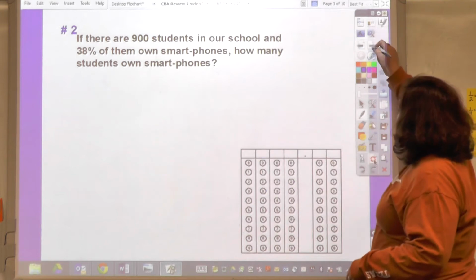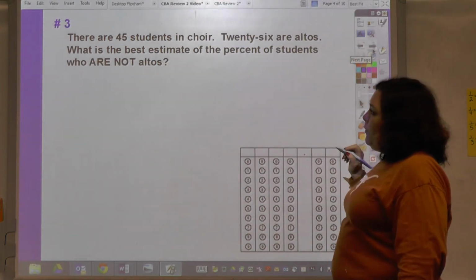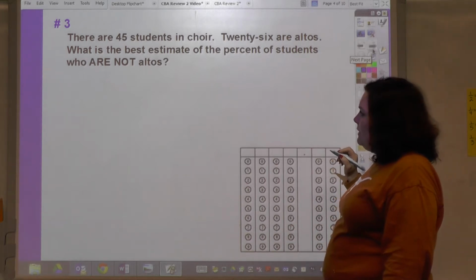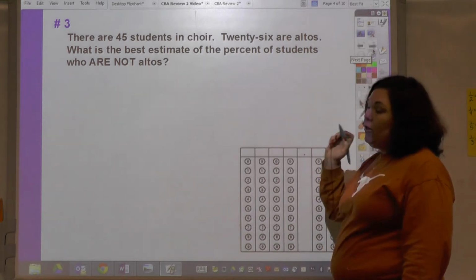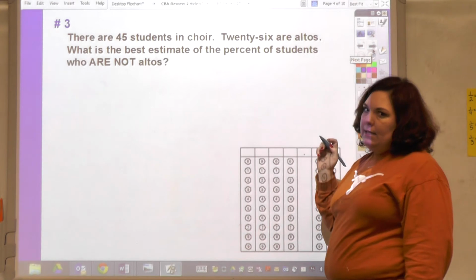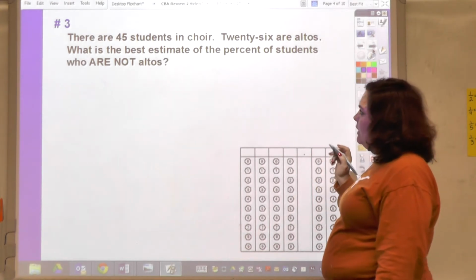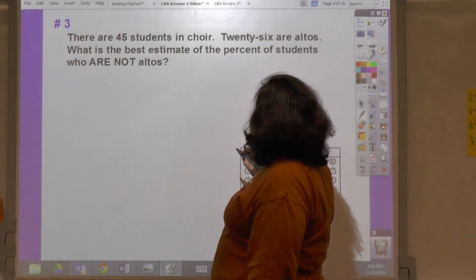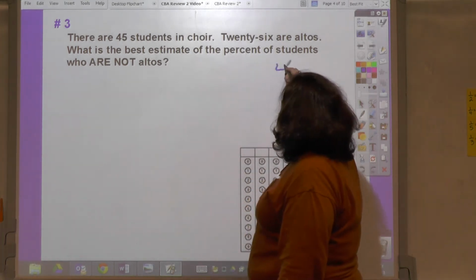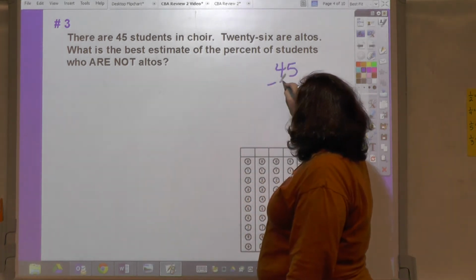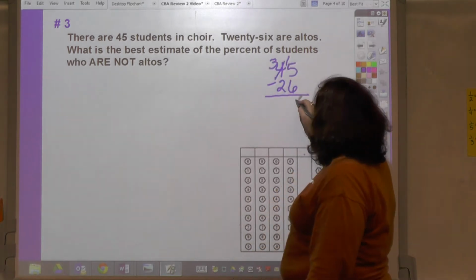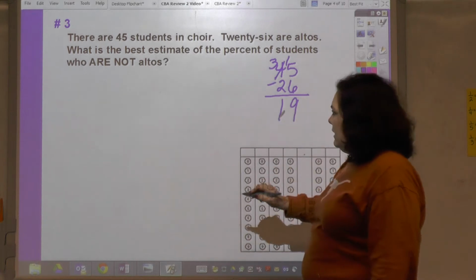So there are 45 students in choir, 26 are altos. What is the best estimate of the percent of students who are not altos? I hate these questions that ask about not. So if 26 are altos out of 45, the number that are not altos is 19.